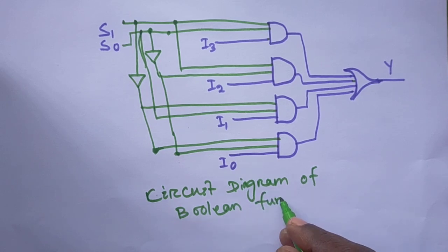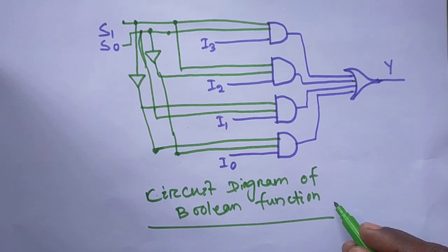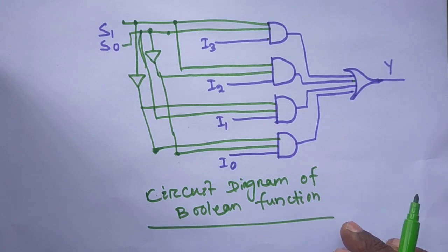That Boolean function we can also define from the function table, and that function table is also defined from the multiplexers. In this way different stages are there, and whichever part is needed, we have to define accordingly. I think all of you understand how to define the circuit diagram of a Boolean function, and a Boolean function which is derived from a function table, which is derived from multiplexers. This is the basic concept.